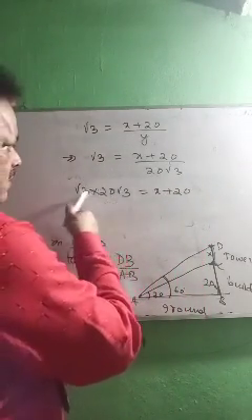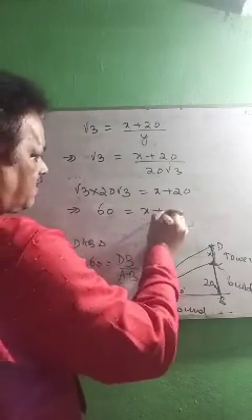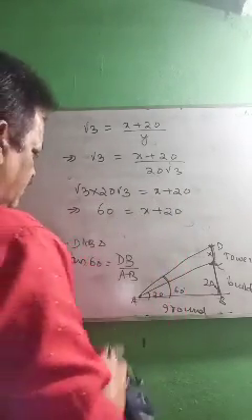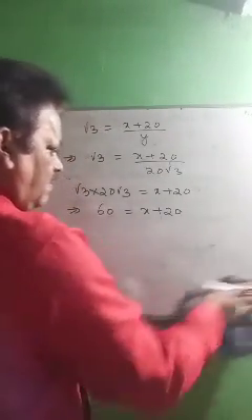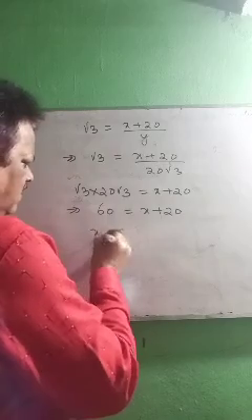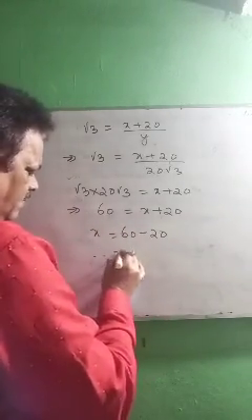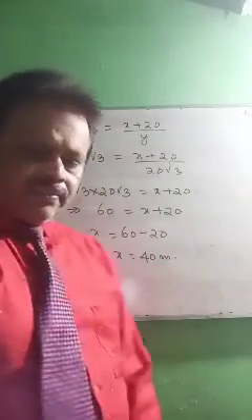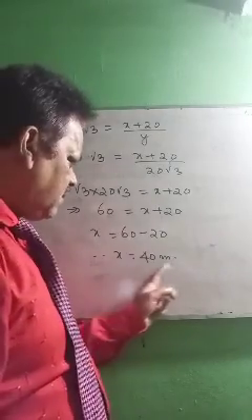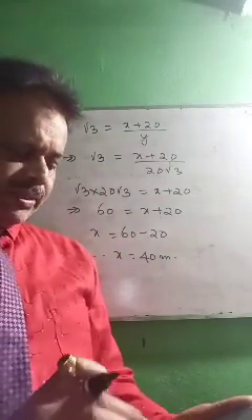So √3 into √3 is how much? 3. 3 times 20 is 60 equals to X plus 20. X equals to 60 minus 20. 40 meter. That is transmission tower. Okay. See the next question.